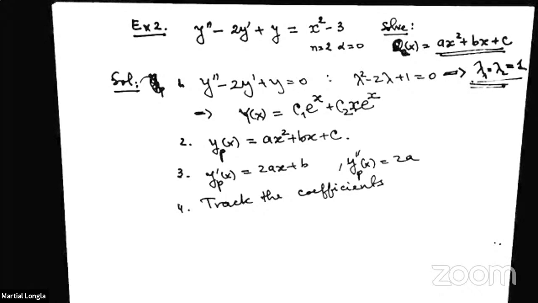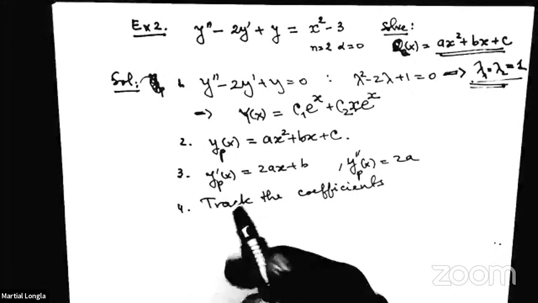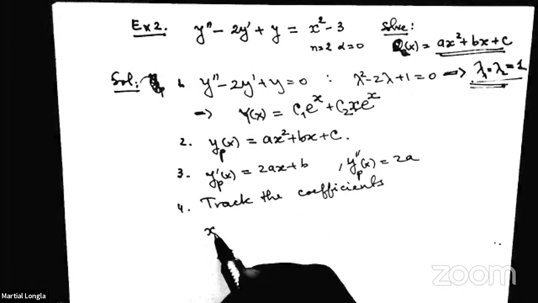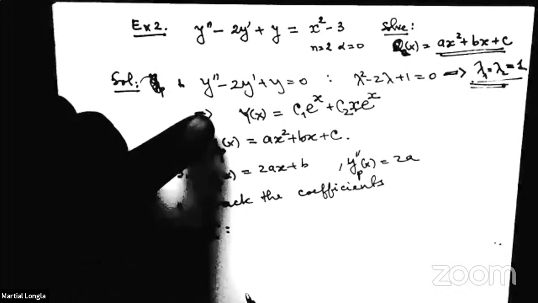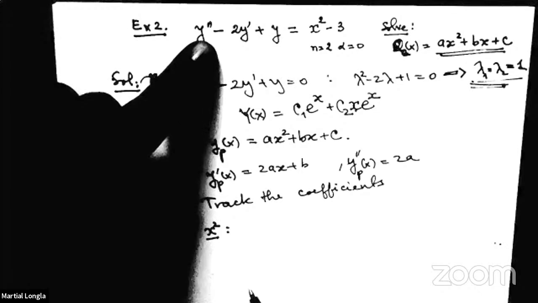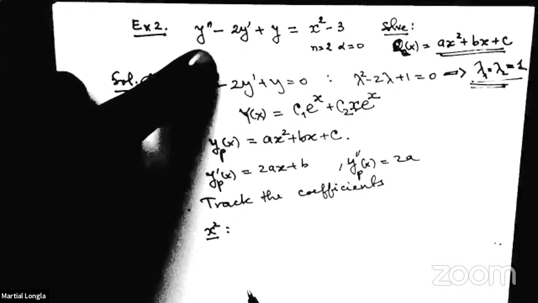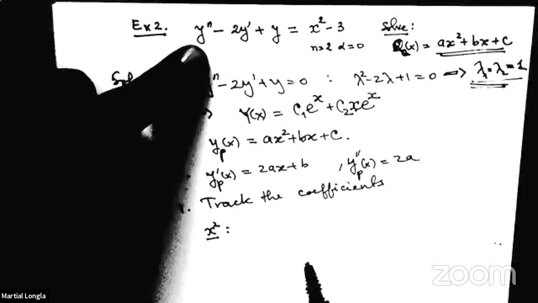The way we track the coefficients here, we always start with the highest. N is 2, so we start with x squared e to the alpha x. Alpha is 0, so it's just x squared. Tracking the coefficients of x squared along this equation, you start with the second derivative. What is the coefficient of x squared in the second derivative?